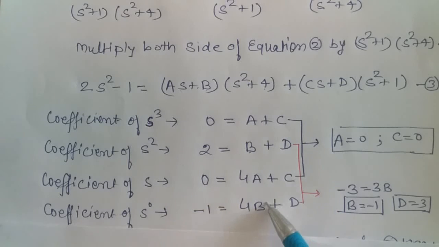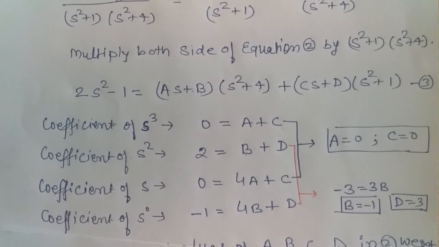Further we simplify these two equations, we subtract these two equations, then we get -3b minus 3 equal to 3b, which gives b equal to -1. And when we put b equal to -1 here, we get d equal to 3. So we get the values of constants a, b, c and d.